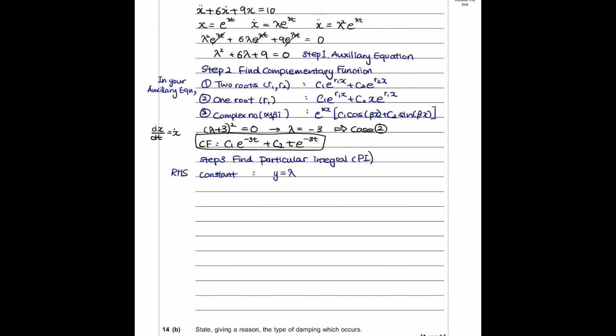If the right-hand side is a first order polynomial, like 3x, with no higher power than 1, then you're going to substitute y equals lambda x plus mu. And if you have second order, you substitute lambda x squared plus mu x plus nu. As such, your PI should follow the order of the right-hand side function of your original differential equation.